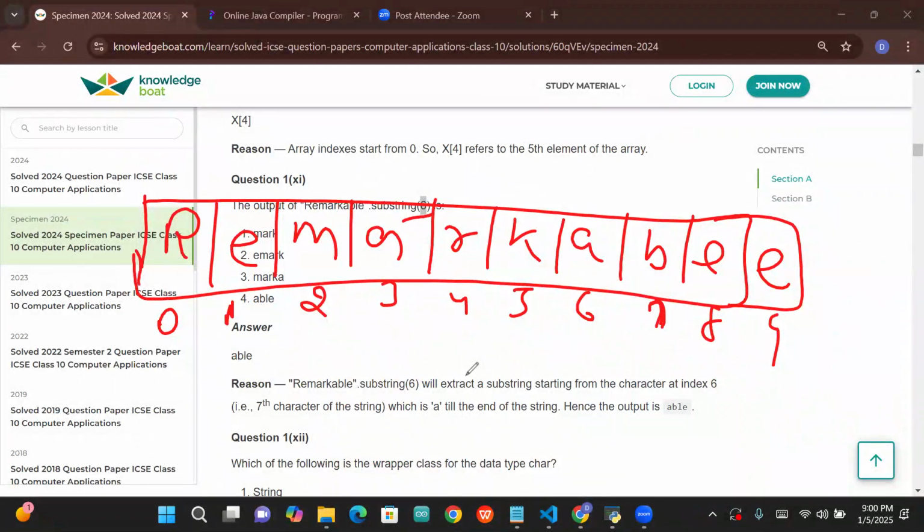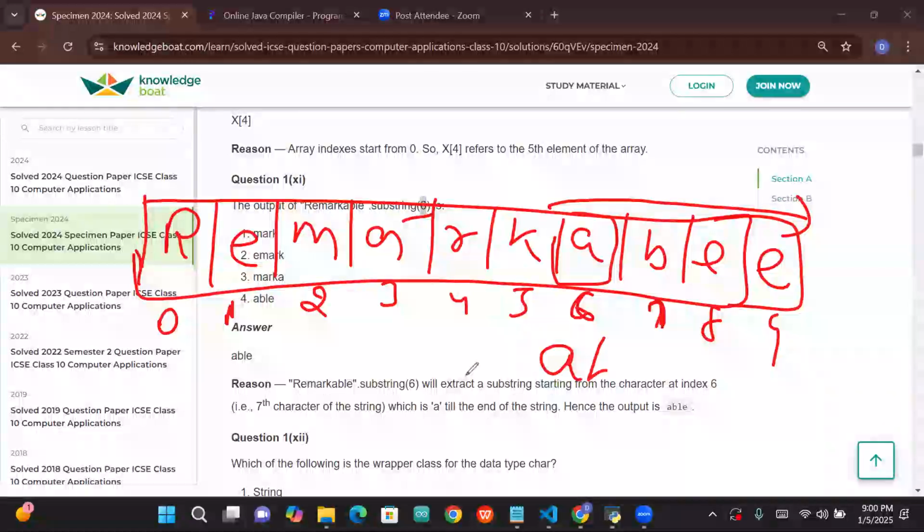Now in substring, they want to start with six. Six means here they want to start from A. They have not mentioned the end one, which means you will go till last. So you will get "able" as the output, because they have not mentioned where they want to end. They just mentioned the start one.